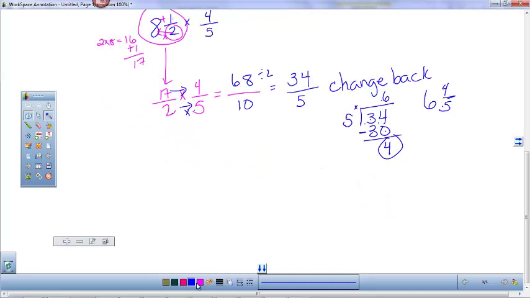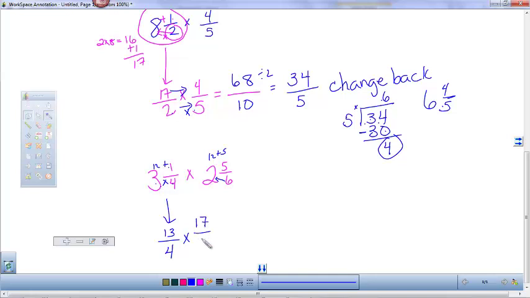Let me show you one more with multiplying. 3 and 1/4 times 2 and 5/6. So this one we're going to change both of these. So 3 times 4, 4 times 3, 12, plus 1 is 13 over 4, times 6 times 2 is 12, plus 5 is 17 over 6.